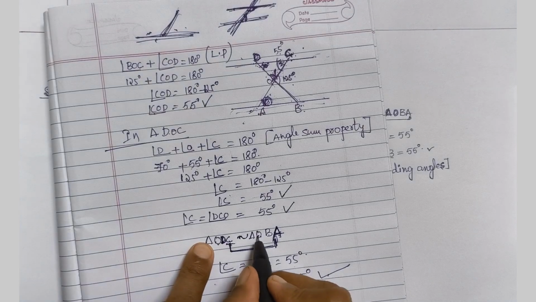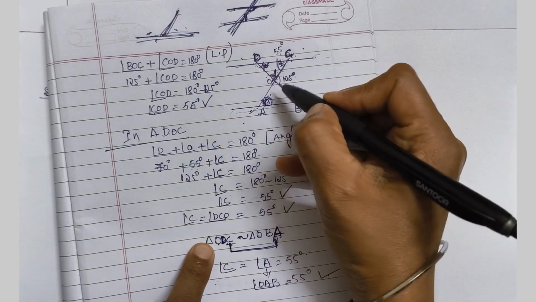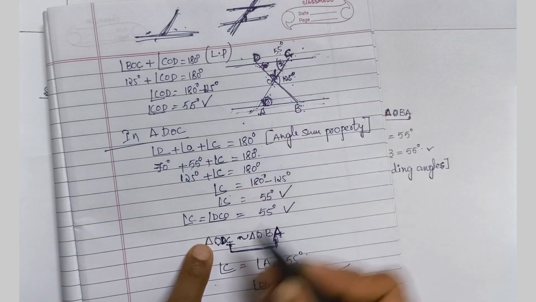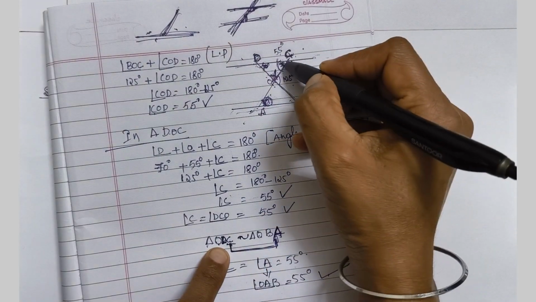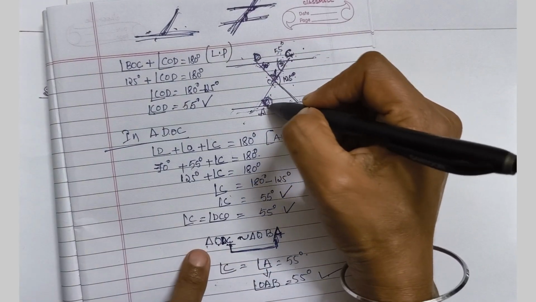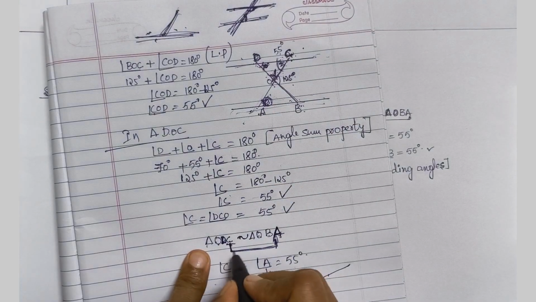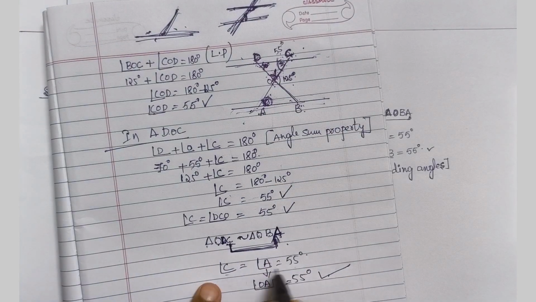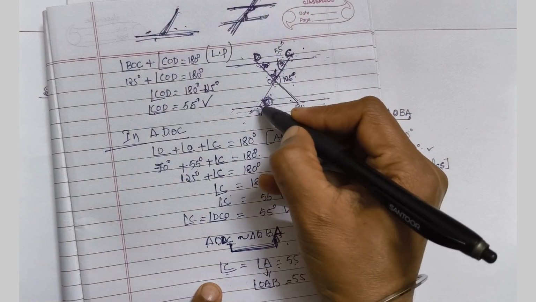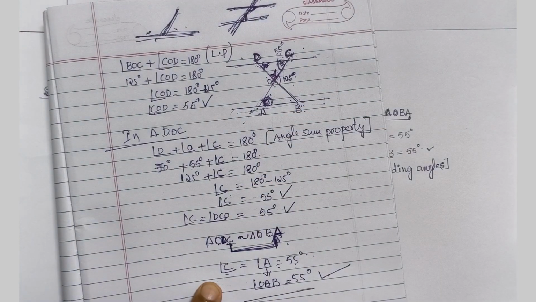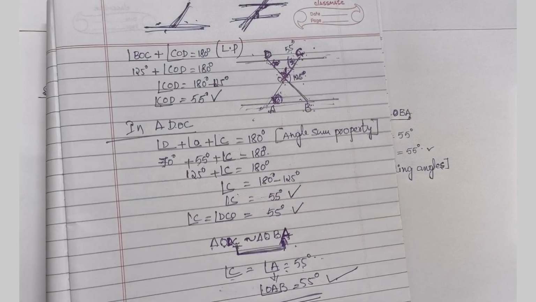O is similar to O, D is similar to B, C is similar to A, and it is asking only for A. So both are 55 degrees. Angle OAB is 55 degrees. This is the answer.